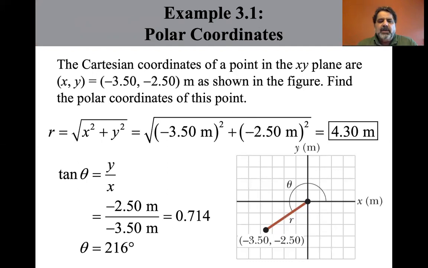So you have to know what quadrant your vector lies in, and this is in the third quadrant. So that's going to give you a completely different angle than what your calculator gives. Now, I don't know if some calculators do this, but certainly Excel has an arctan function that you can put the actual coordinates into and it'll give you the exact angle. We'll try to do some examples of that maybe in lab.